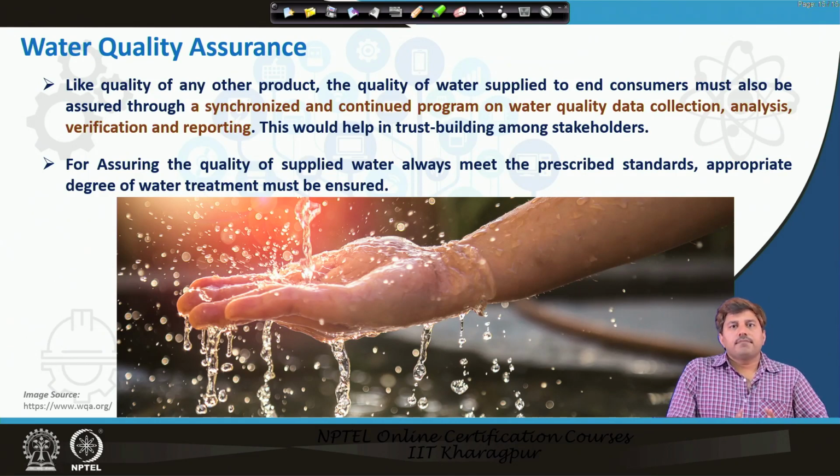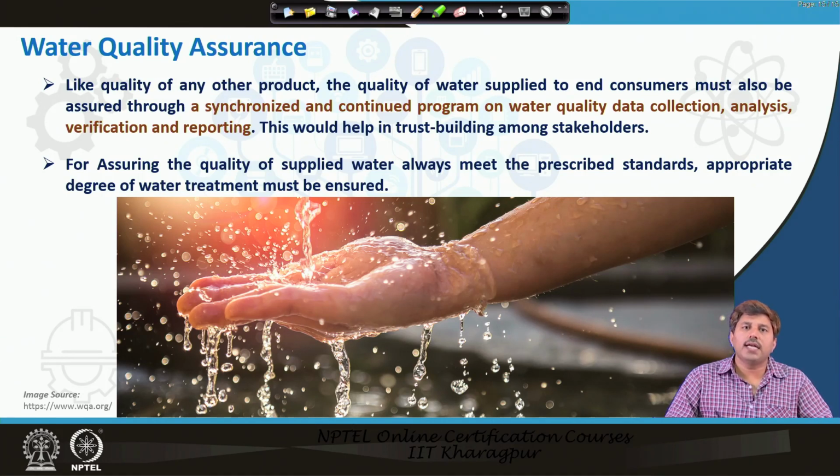So the idea of water treatment, as we discussed earlier, is to provide chemically safe and acceptable water, and there are water quality standards available for the designated use or designated purpose, and the supplies should ideally meet these standards.